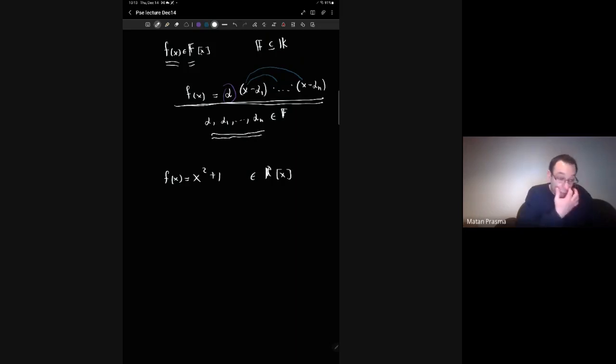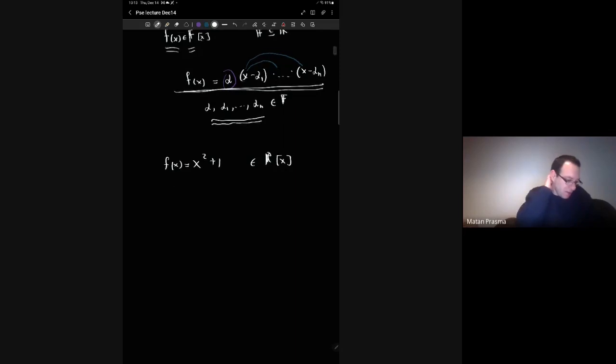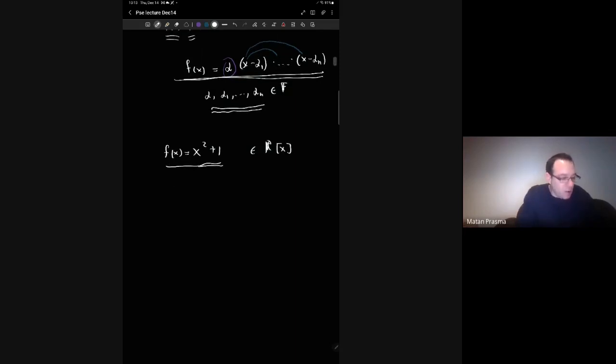And so to split this polynomial, I need to go to a larger field. If I think of it as a polynomial over the complex numbers, then it will actually split as (x minus i)(x plus i). So the problem of splitting is that you don't have enough roots in the original field.